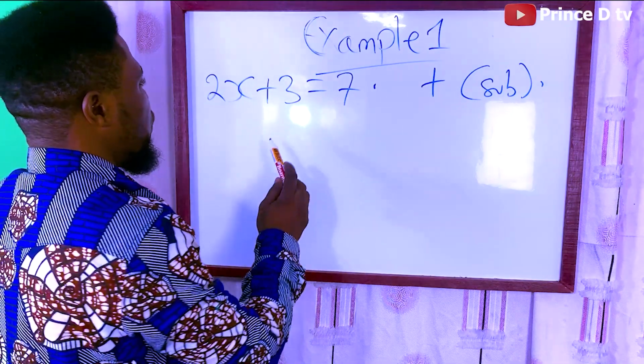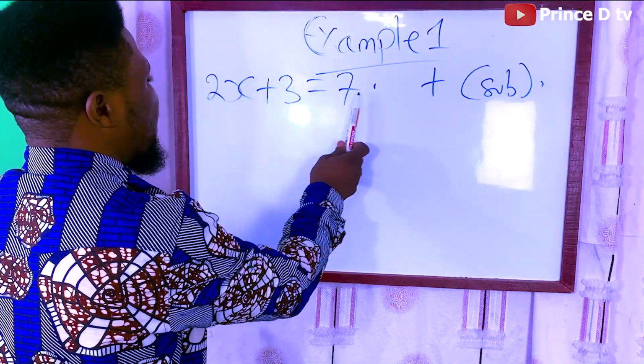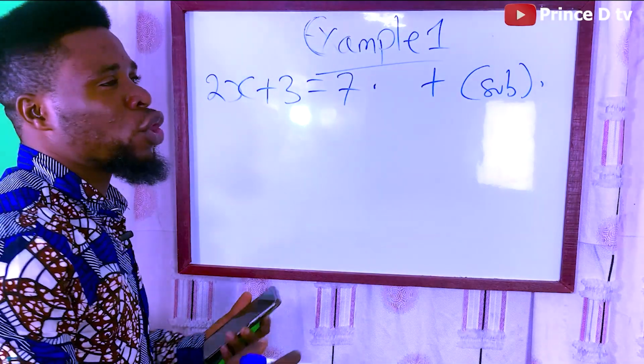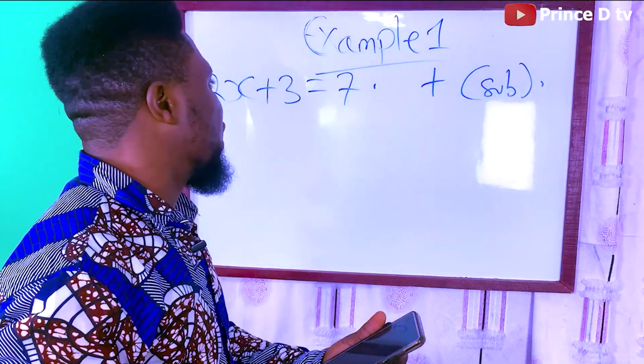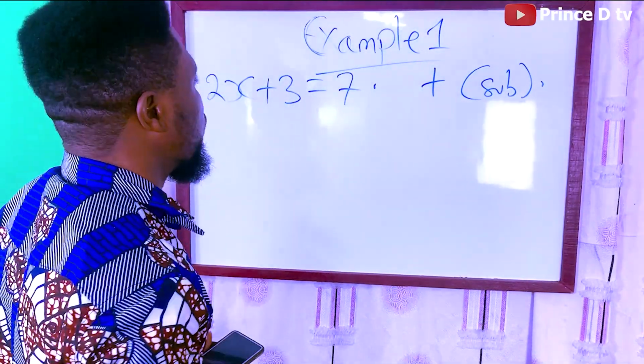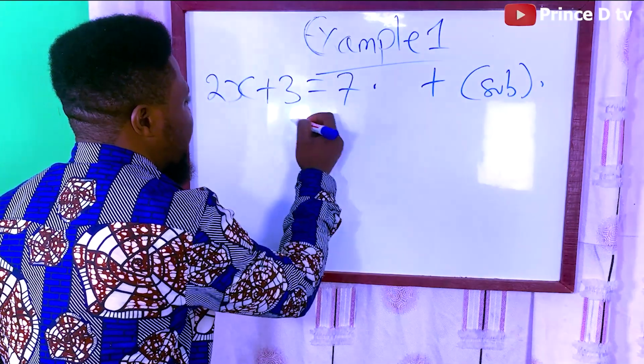Remember, a, b, and c are constants. Which constant do you subtract on both sides of the equation? Remember, look at where our variable is found. So the constant we focus on is 3.